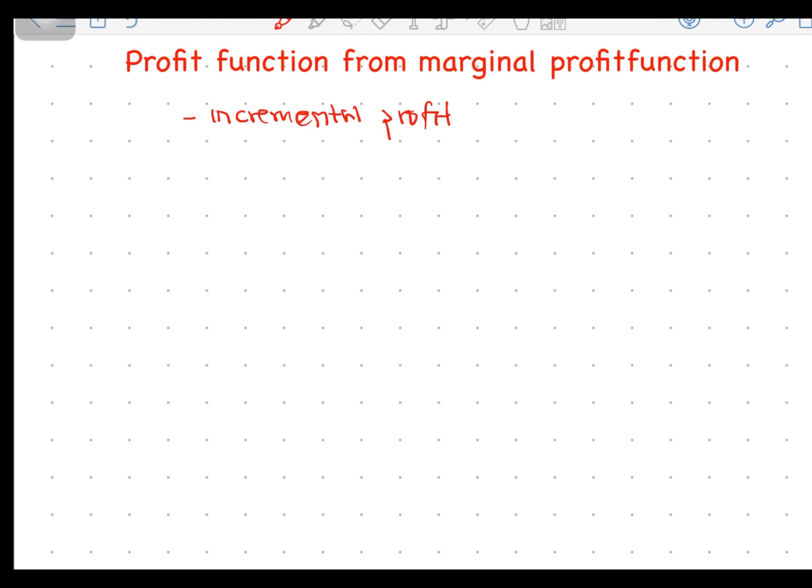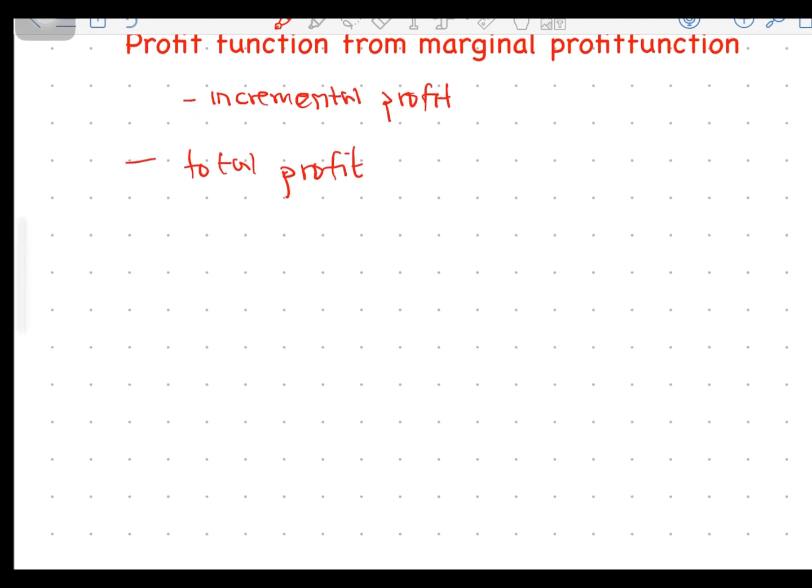In other words, marginal profit measures the rate of change in total profit as the output or sales level changes. Similar to marginal cost, as I said earlier, marginal profit is derived from calculus techniques by taking the derivative of the total profit. So when you have your total profit, the marginal profit is derived from it.